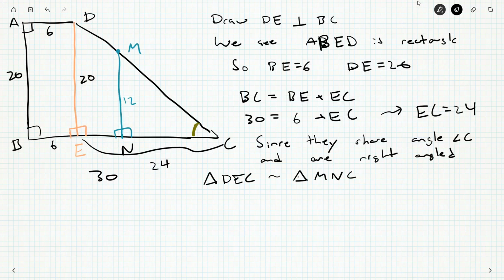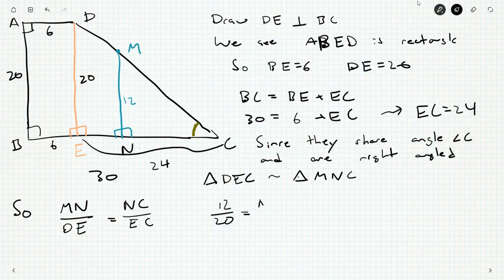And since they're similar triangles, we can say the ratio of MN over DE is the same, because those are the parallel lengths, is the same as NC, which is something we don't know, over EC. So we got 12 over 20 is equal to NC over 24.